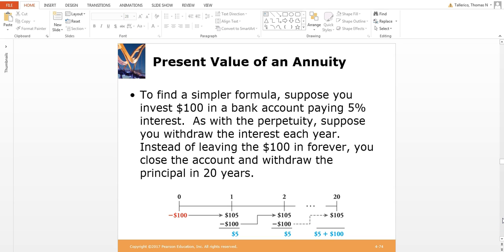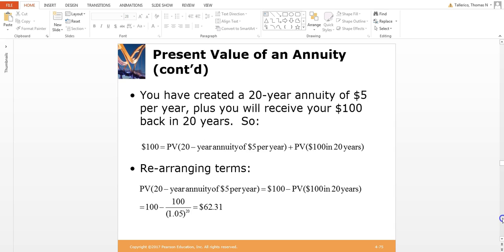And to me it's very cumbersome what they're showing you. And I think it's a lot easier if I show you how easy it is to do this simply with Excel. So again, they go through this extra math here, and they come up with that the present value of $5 a year for 20 years is going to be $62.31.